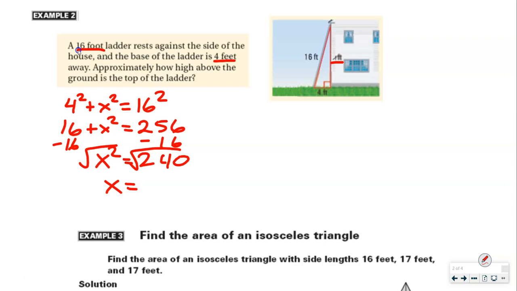So we can say that our ladder is, and to show it's approximate, it doesn't equal, 2 squiggle lines, those similar squiggles mean approximately. That's approximately 15.5 feet. Don't forget to label.